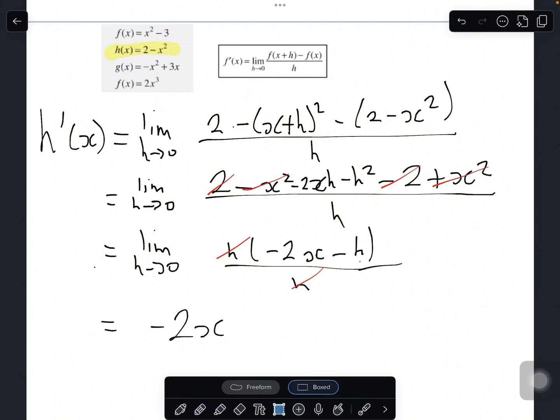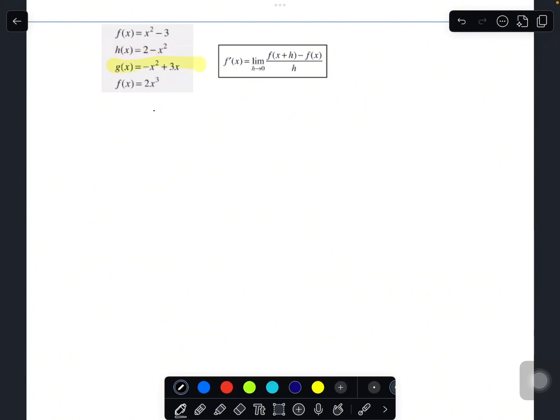Time to move on to the next one. Let's look at this question here. We have g prime x is equal to the limit as h approaches 0. Okay, and then we have f of x plus h.